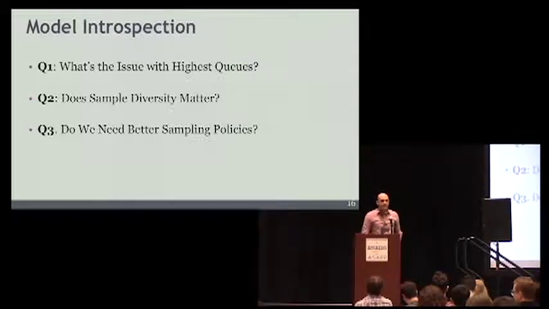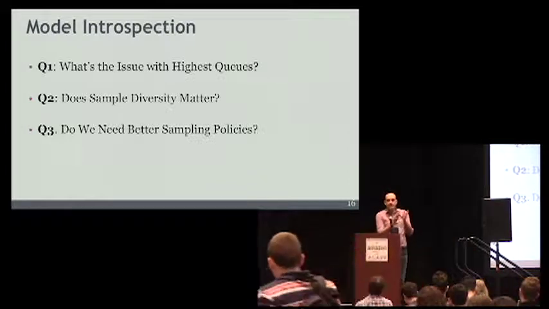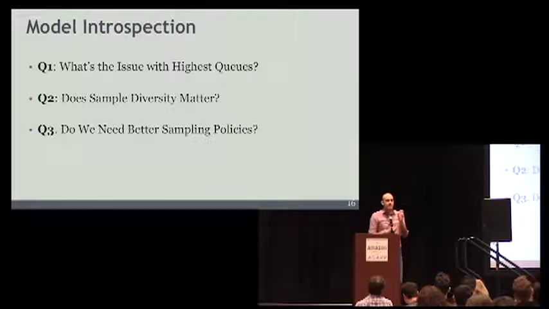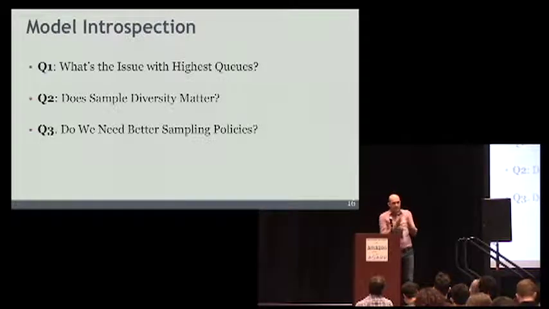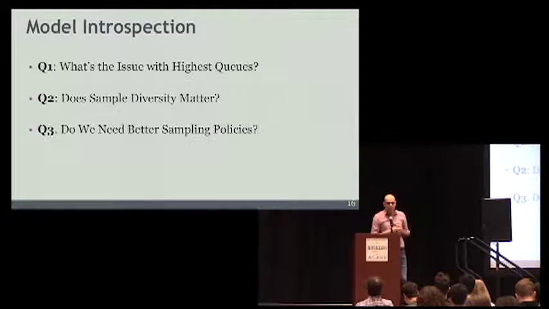We found that the Leitner system almost always doesn't sample instances from the highest queue, so we wanted to understand why. The second question is: when we are sampling unlabeled instances, do we need diversity, and to what extent? And the last question is: can we improve the self-training approach that we are proposing?